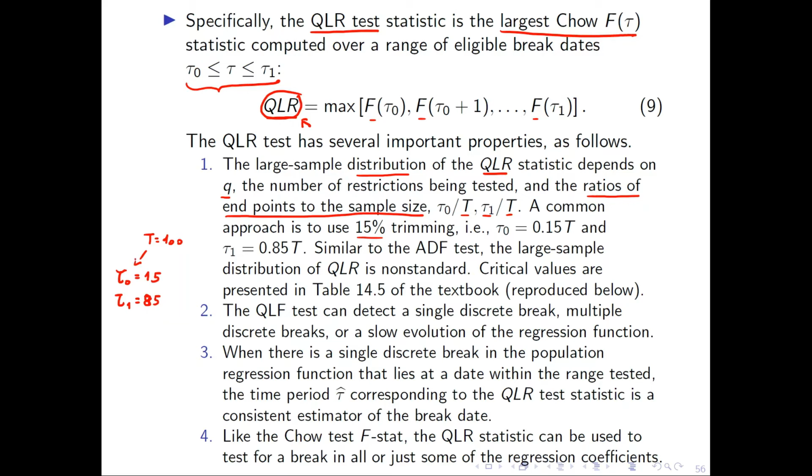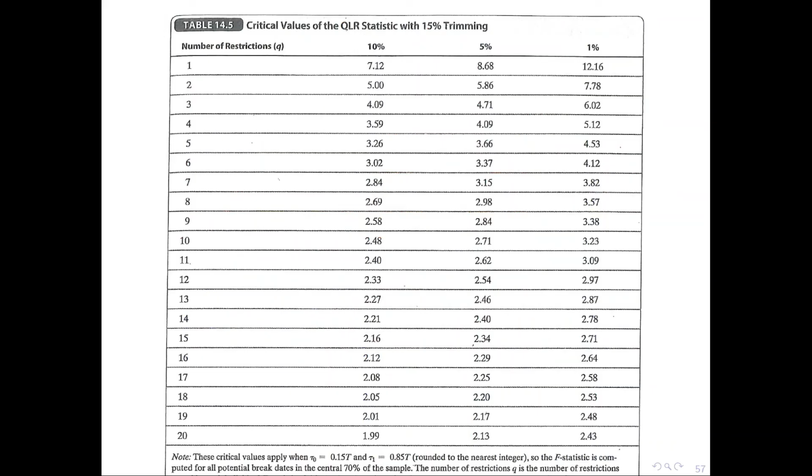So if you know the number of restrictions, and you know the trimming, which you just set to 15%, then you know which critical values you should compare your QLR statistic to. The critical values for 15% trimming can be found in this table.